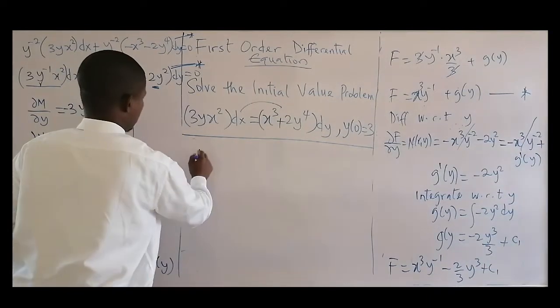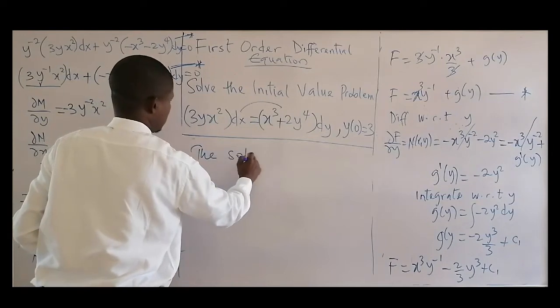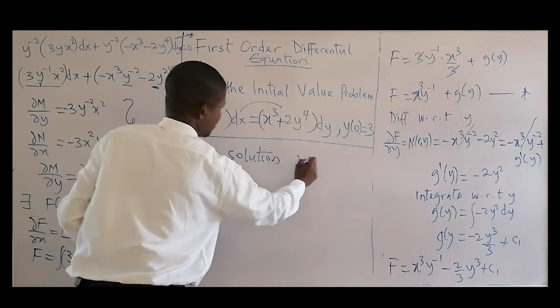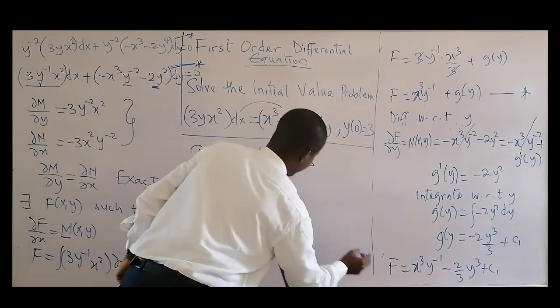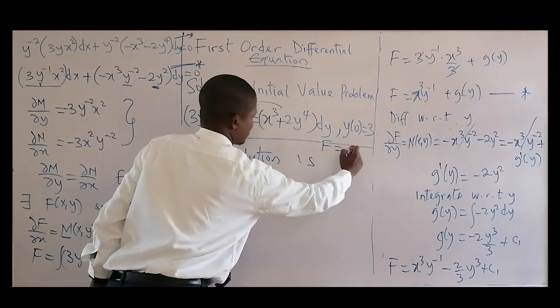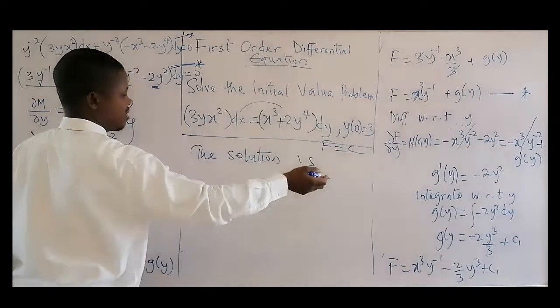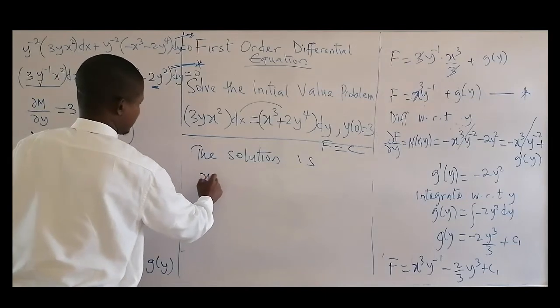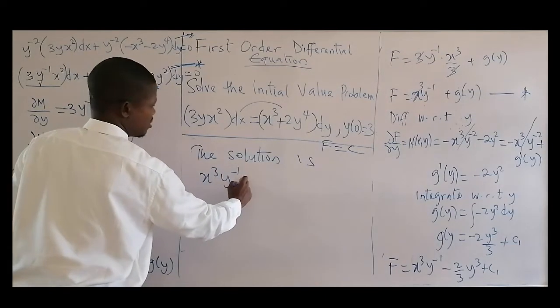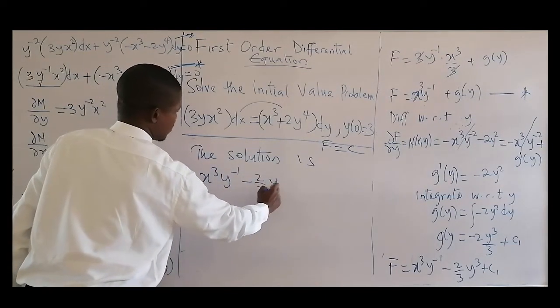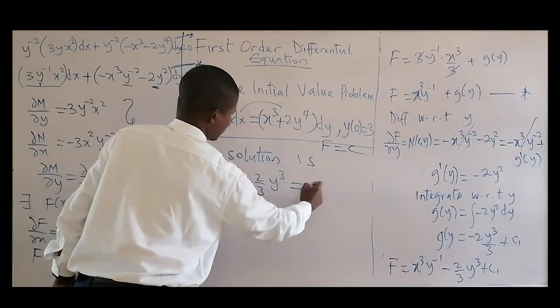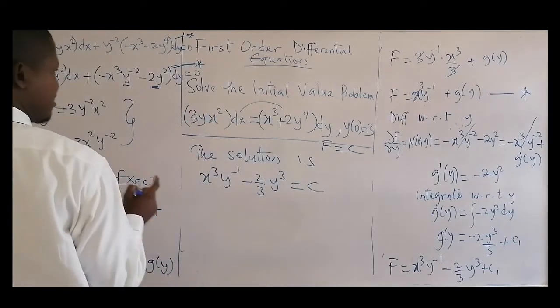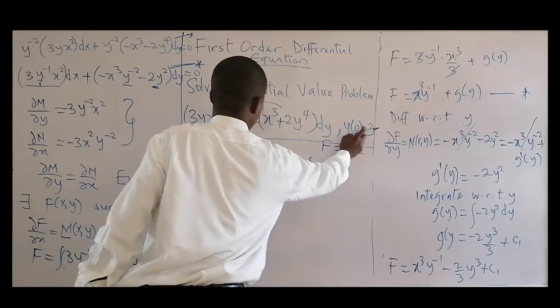So the solution: f is capital C. Moving c1, that will be x³ y minus 1 minus 2 over 3 y cubed equal to c. That's the solution, but I think we are given some conditions here.